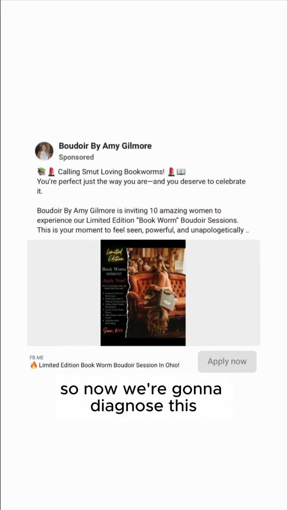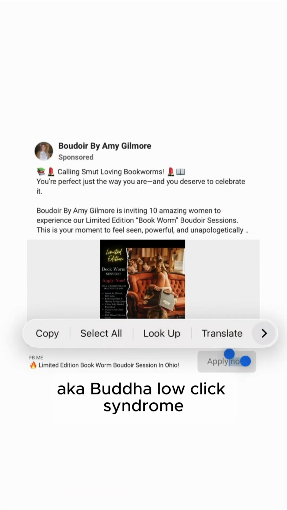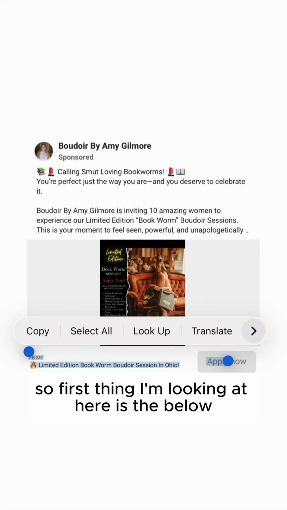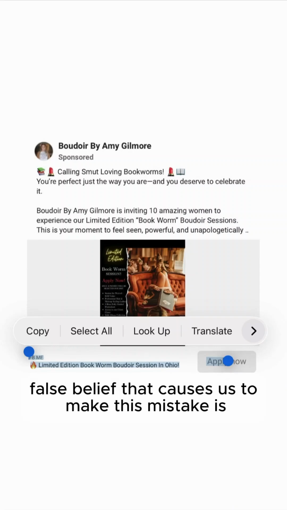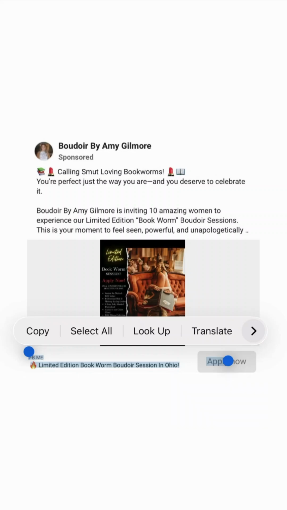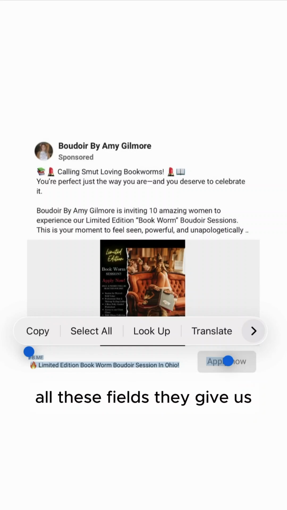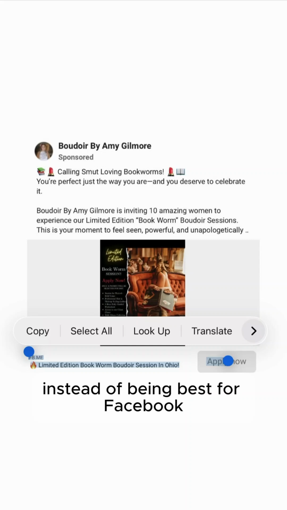So now we're going to diagnose this if we believe it has BLCS, aka Boudoir low click syndrome, with a unique CTRL under 6%. So first thing I'm looking at here is the below creative cluster mistake. The false belief that causes us to make this mistake is we're trusting that what Facebook recommends for us to fill out in our ads, all these fields they give us, is best for us instead of being best for Facebook.